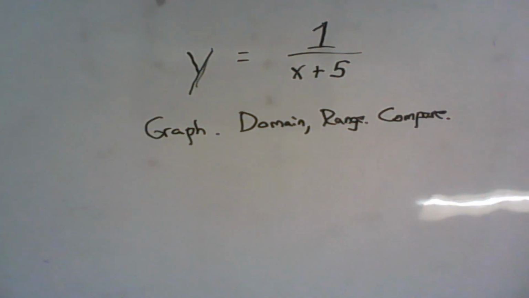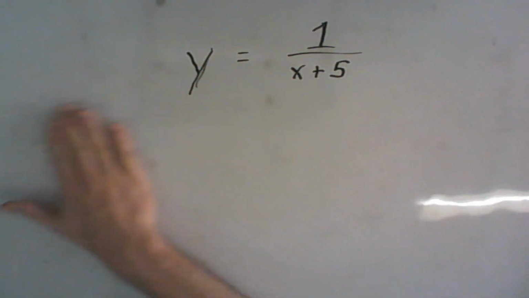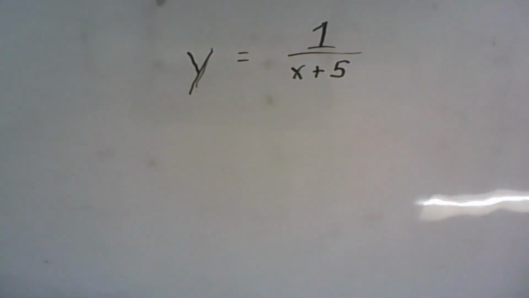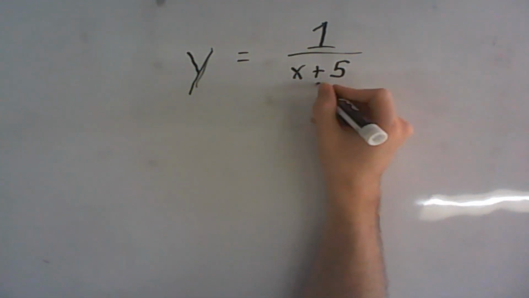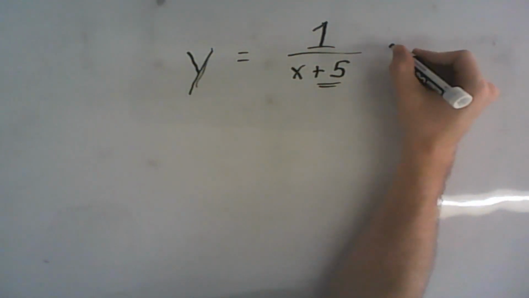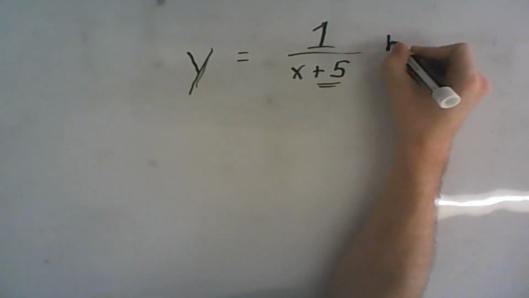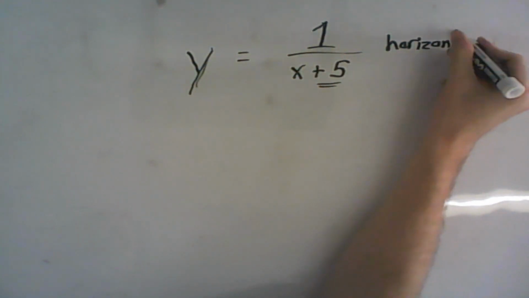Okay, let's start going through this one. So, the graph of this function is going to be dependent on our domain and range. Now remember, our graph is a horizontal translation.